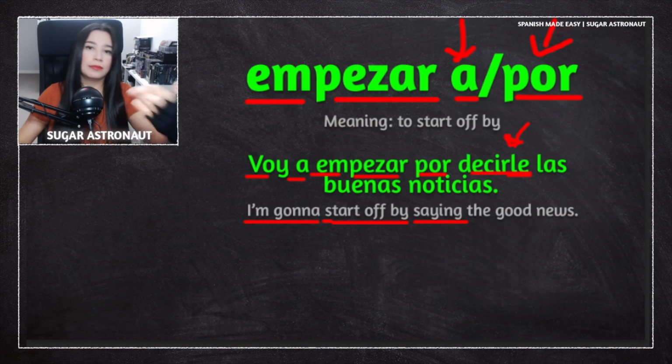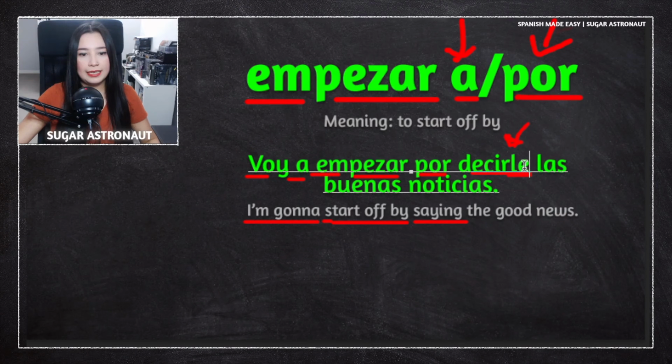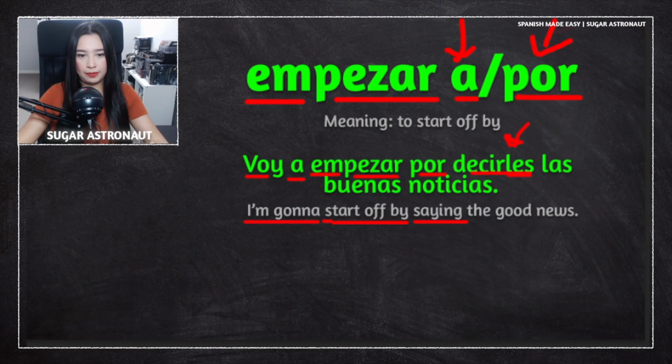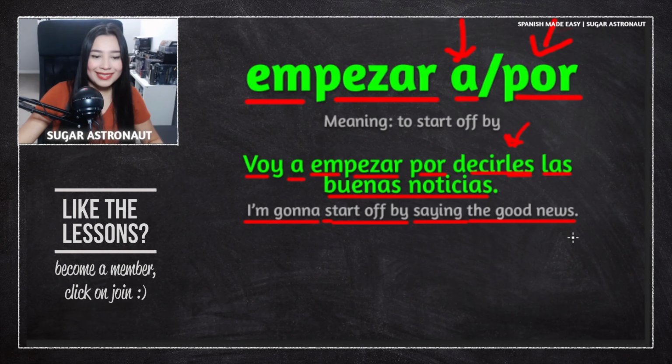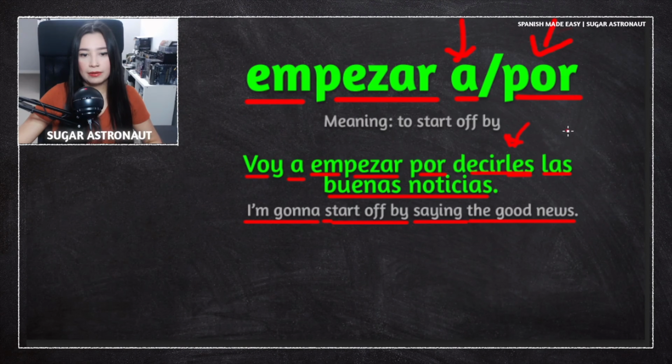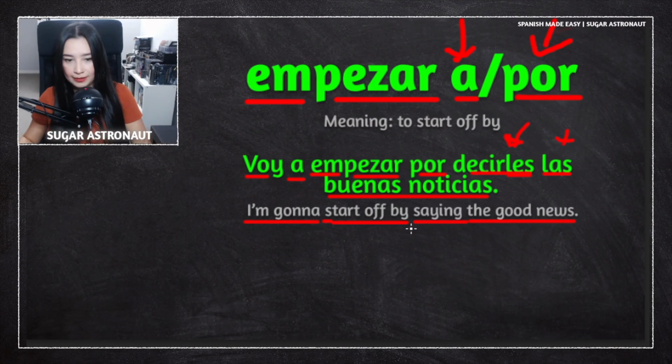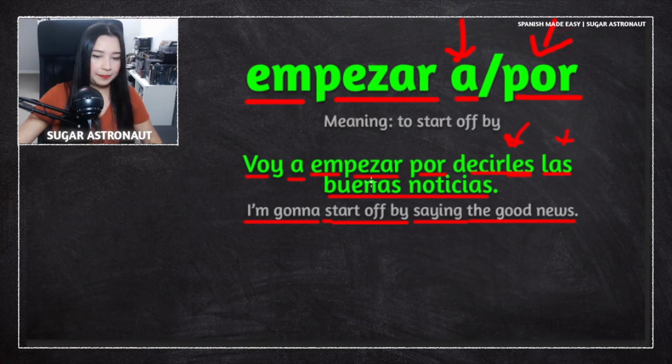Por decirle, polite, formal. And if you add an S, that means you're saying this to a group of people, okay? Por decirles las buenas noticias. That means the good news, okay? Buenas, good, noticias, news. Las, remember, we're talking about news, and news is feminine. Las noticias. That's why we're saying las. Las buenas noticias. Excellent. Perfect.